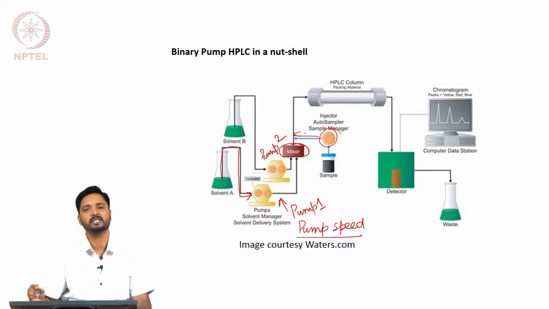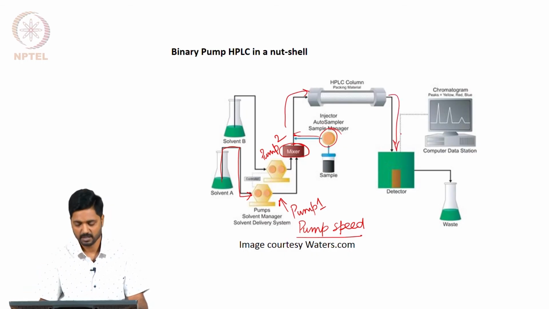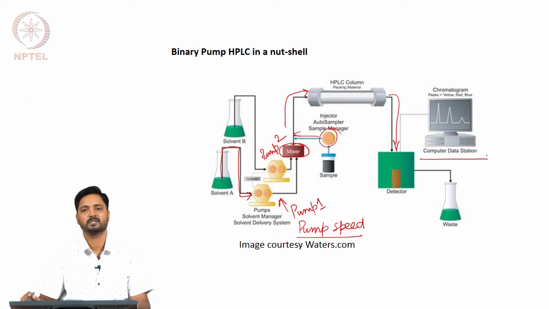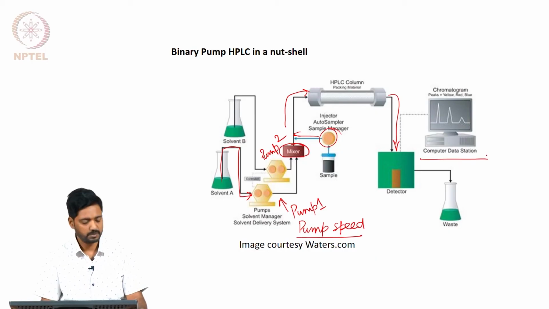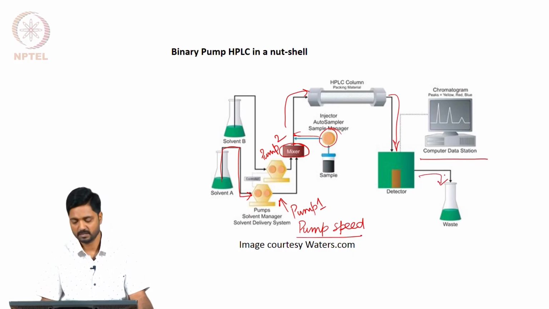So, the solute is injected at this point, it goes through the column and comes out to the detector of our interest, and the response of the detector is then collected using a computer data station, and of course, the waste from the detector is also collected to be discarded.